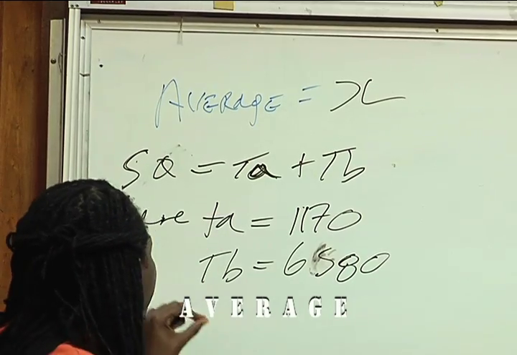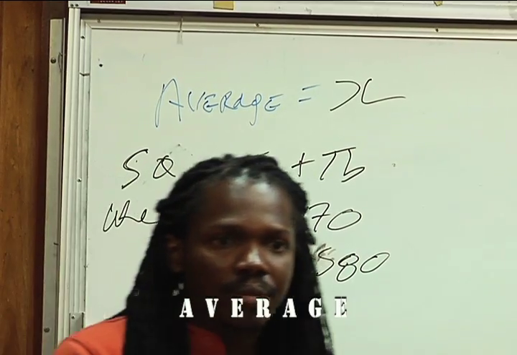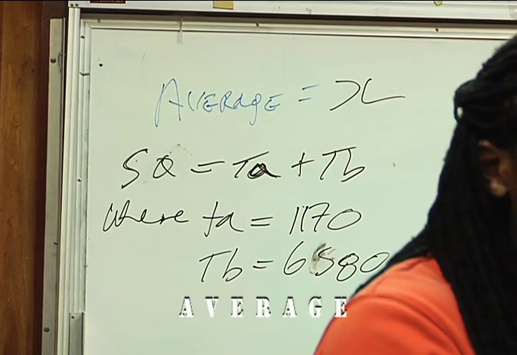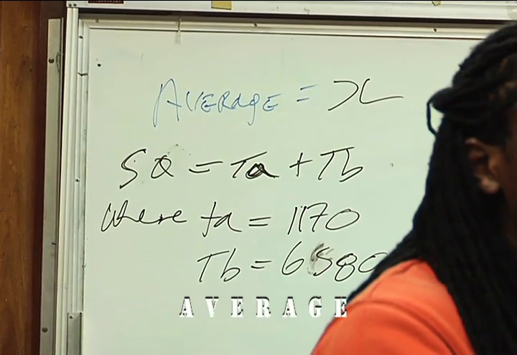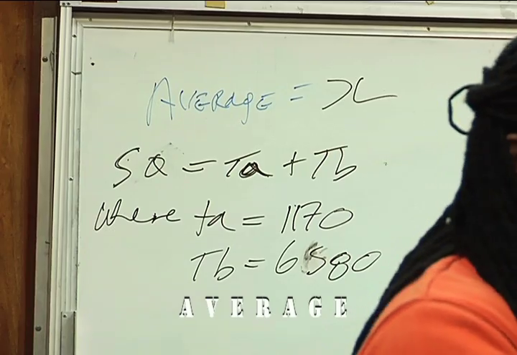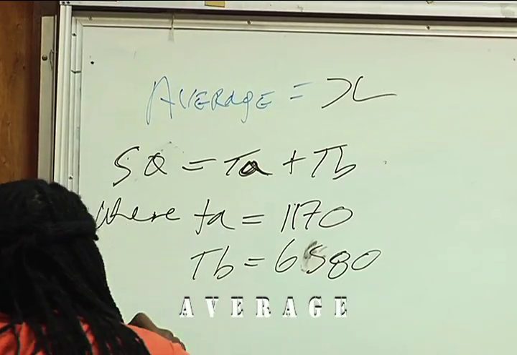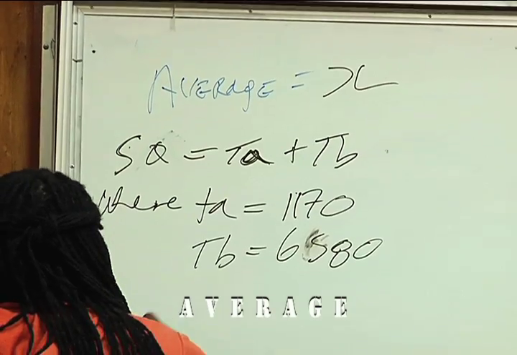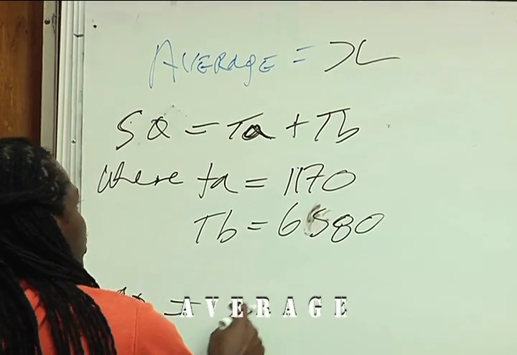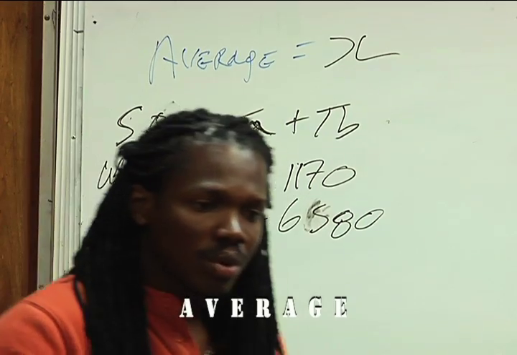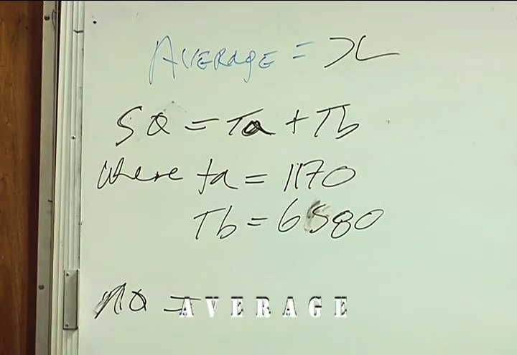Now, so we have TA and TB. What do we need to find now? NQ. We don't have NQ. What is NQ? How many teachers are there?